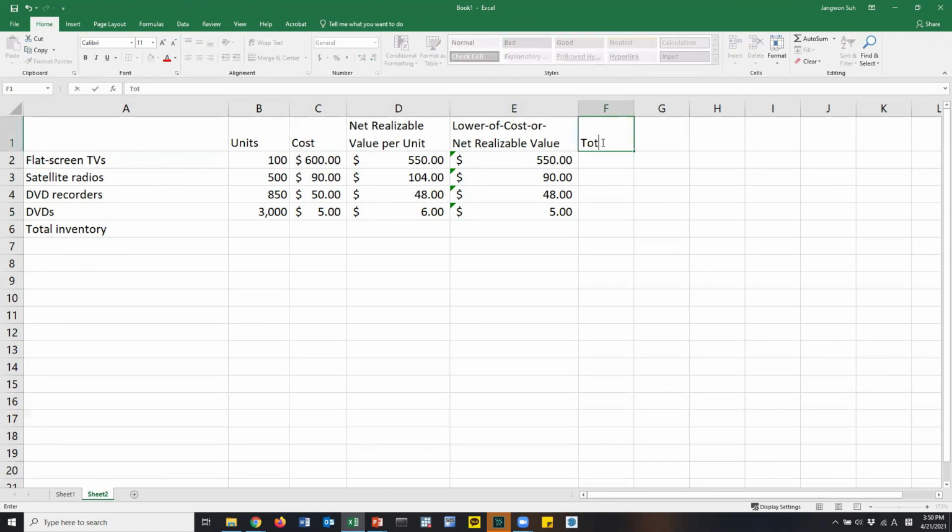And then you multiply the cost by the number of units.